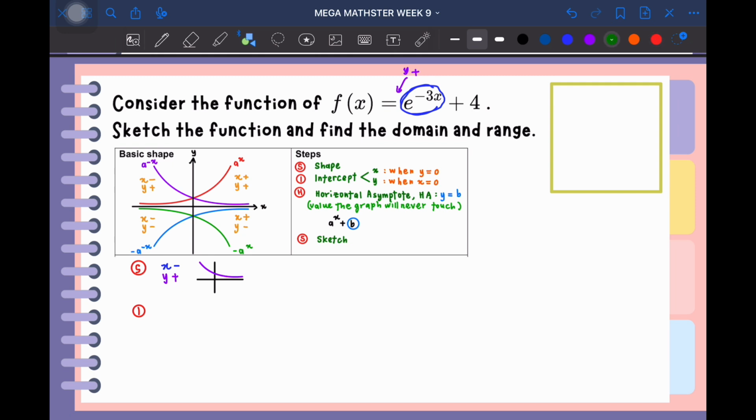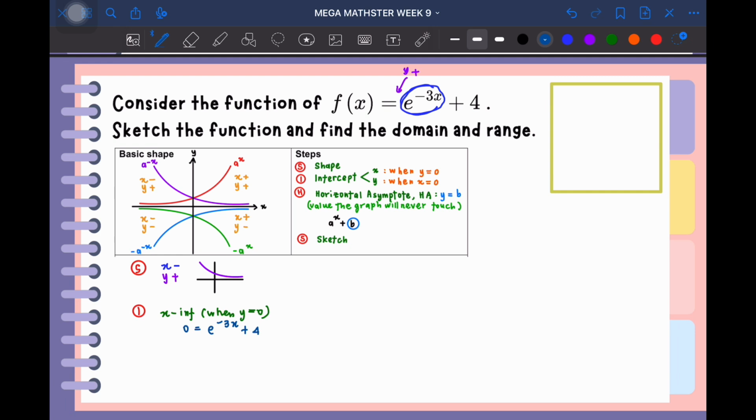Okay, so let's find the x-intercept first. Okay, so x-intercept is when y is equal to 0. Right, so y equal to 0 means that you will have f(x) equal to 0. So 0 is equal to e to the power of negative 3x plus 4.